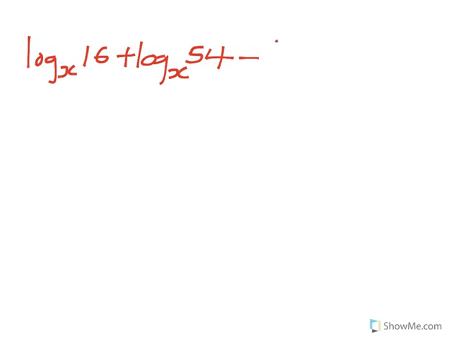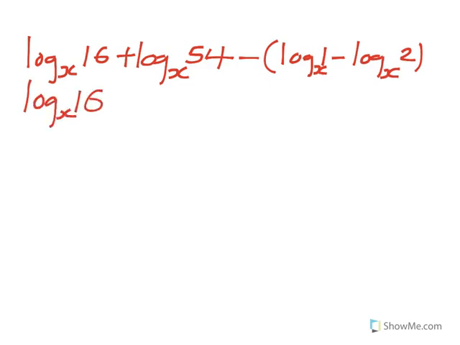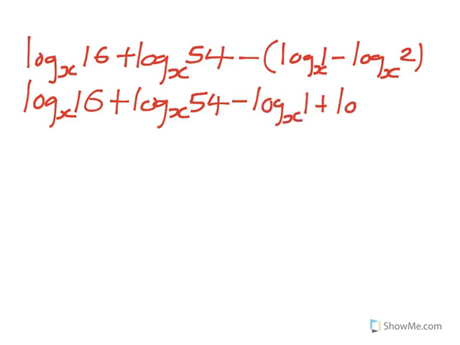Now minus, I can always choose to say a half is the same as log 1 minus log in base of x of 2, but don't forget to put a negative sign in the bracket. So this is the same as log in base of x of 16 plus log in base of x of 54 minus log in base of x of 1 plus log in base of x of 2.